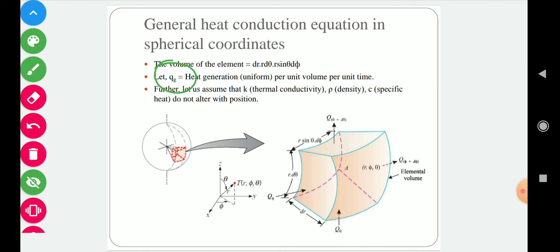So the total amount of heat generated will be equal to qg multiplied by its volume and time, that is d tau. K is thermal conductivity, rho is density, C is specific heat. They are not varying with position.